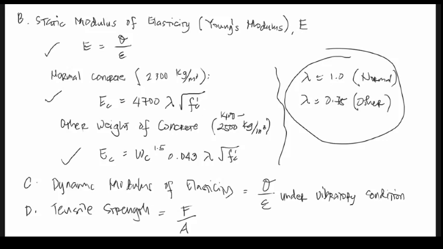What else? The modulus of rupture. Or in an NSCP, that is symbolized as F sub R is equals to 0.62 lambda square root of FC prime.